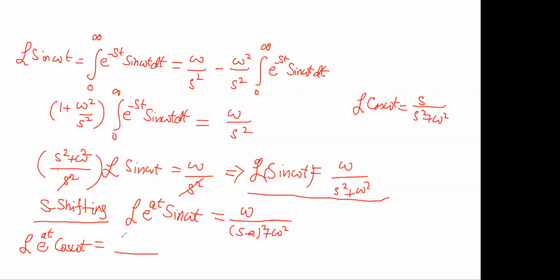Yes, s minus a over (s minus a) square plus omega square. Okay, so by the same rule, the Laplace of e power at into cosine of omega t will be this.